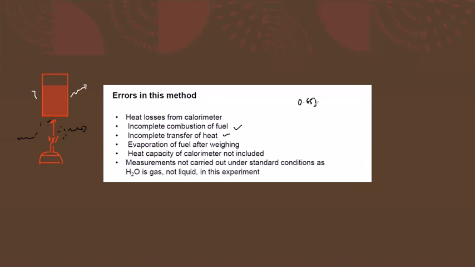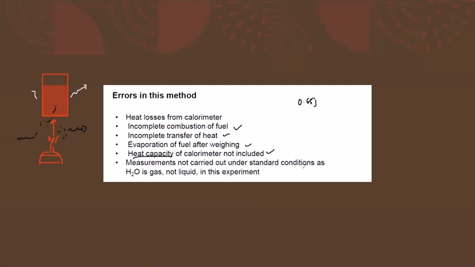We'll have less than that. Then the heat capacity of the calorimeter, because we did not include that. Not all the energy will be transferred to the water. The calorimeter will also absorb some energy and show a change in temperature, but we did not include that.